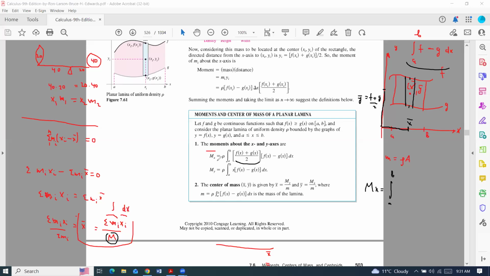So it's switched. So we get the average of these two guys, f of x plus g of x over 2. So we're multiplying y by f minus g and integrate with respect to x.